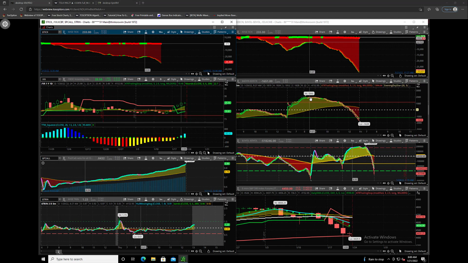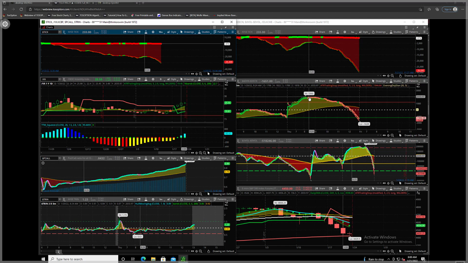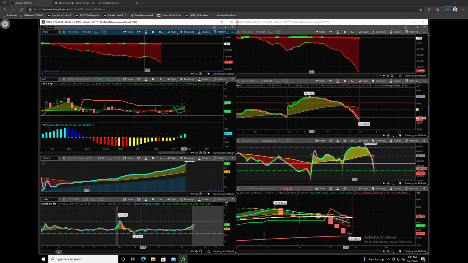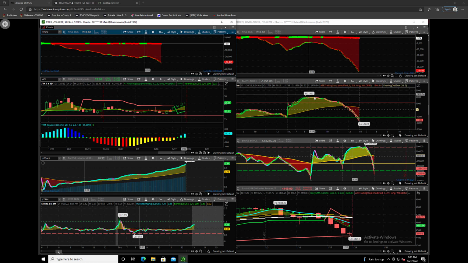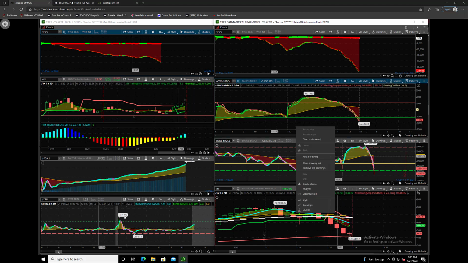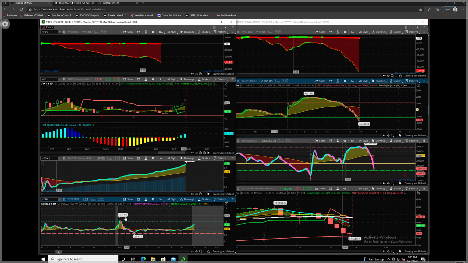And then looking at the advanced decliners, about 1,990 companies were trading in the green. And then all of a sudden, it just took a big dump right at the close. And that's the characteristics of the market, especially when you get a high trend value above 1.2.